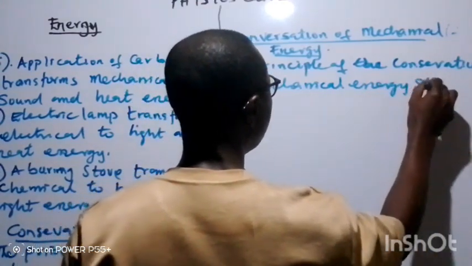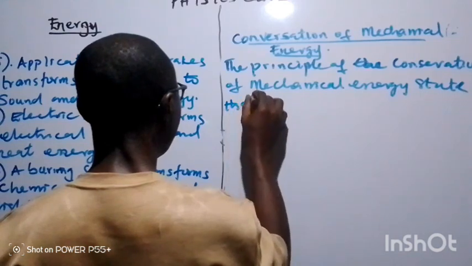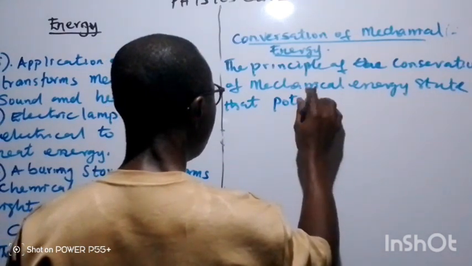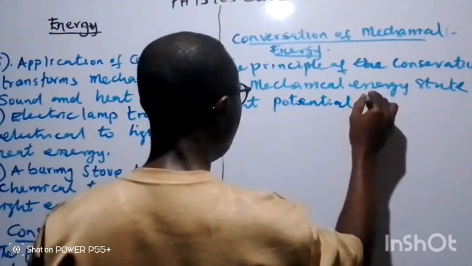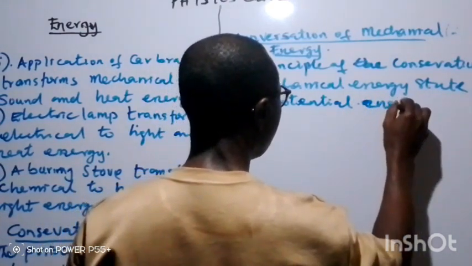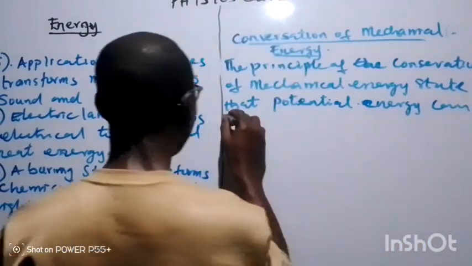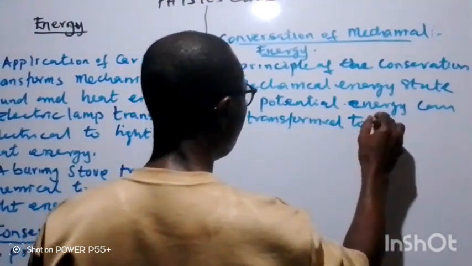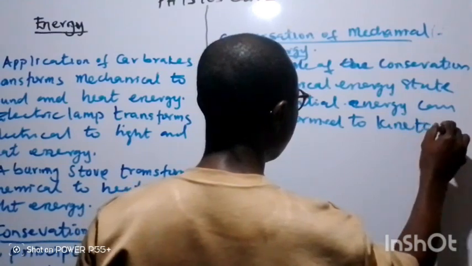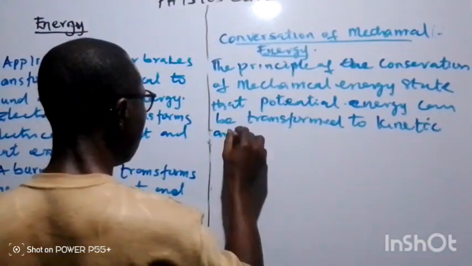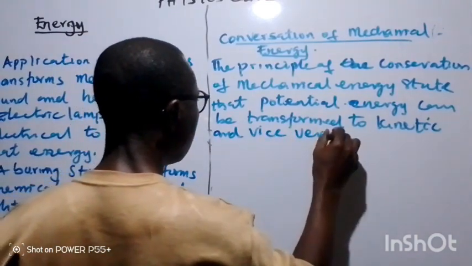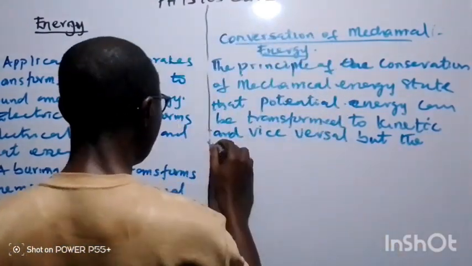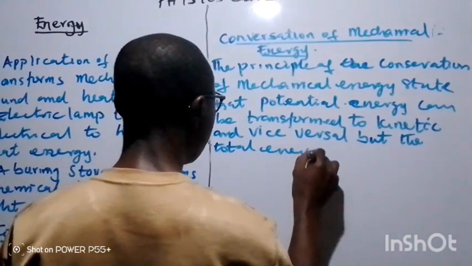It states that potential energy can be transformed to kinetic and vice versa, but the total energy is constant.